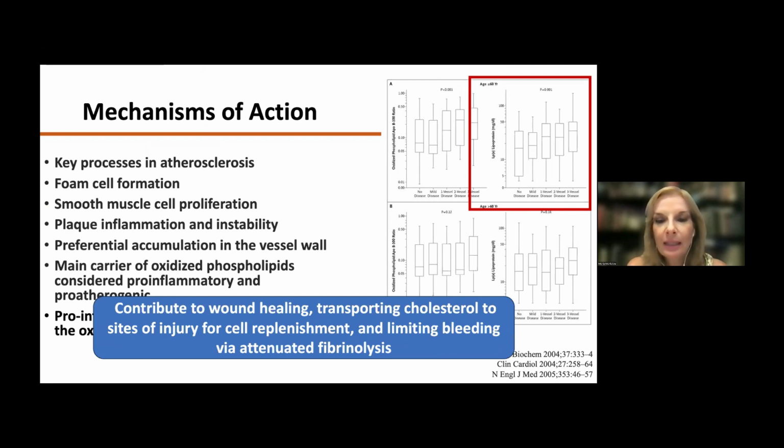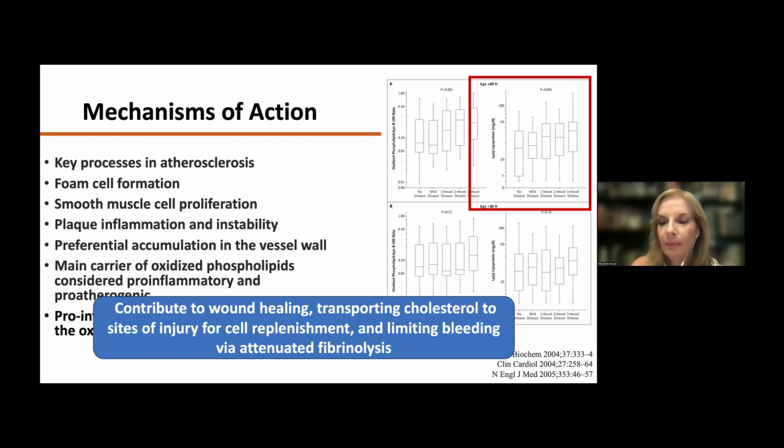However, initially we should mention that during evolution, LPA had a protective role, because the initial role was to contribute to wound healing, transporting cholesterol to sites of injury for cell replenishment, and to limit bleeding via attenuated fibrinolysis.